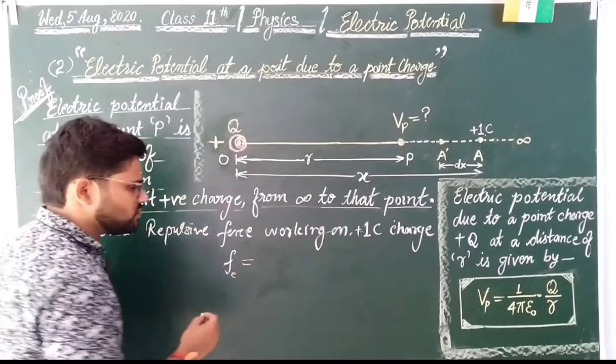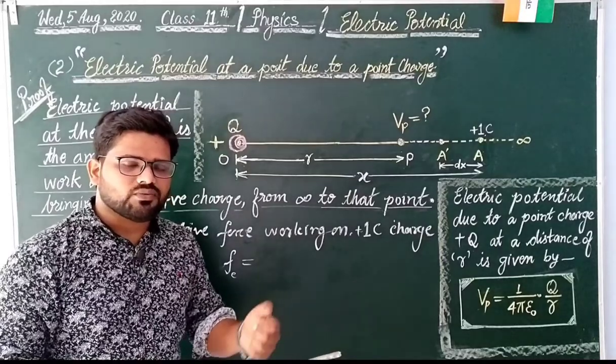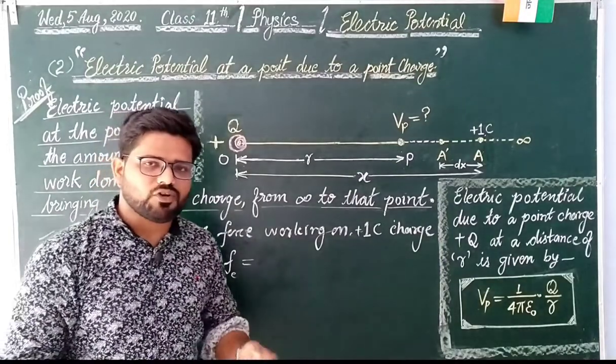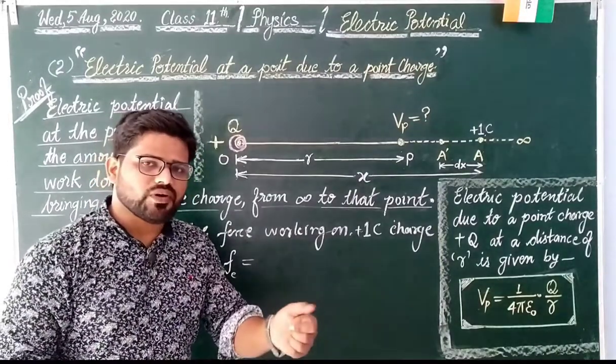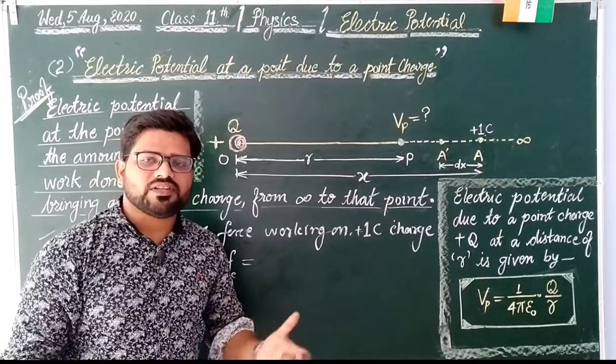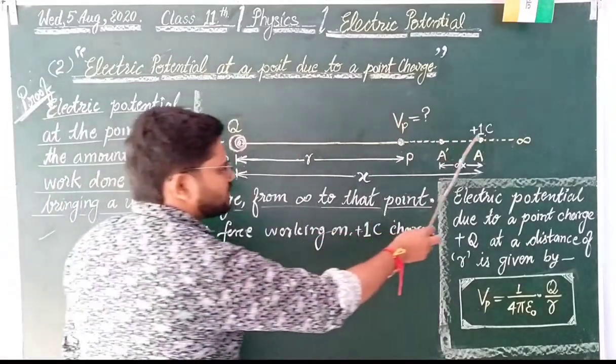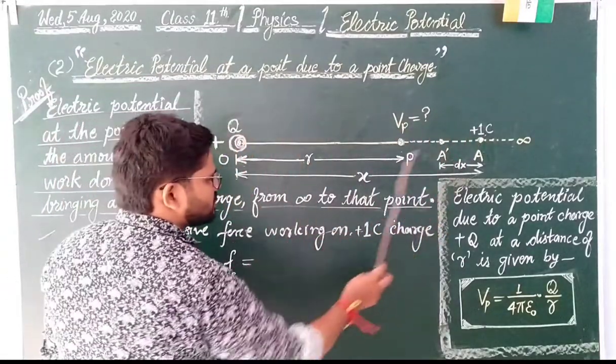F equals, you know the formula for the electric force, that is F equals 1 upon 4 pi epsilon naught into Q1 Q2 over r square, where r is the distance of separation between the point charges. Here the first point charge is plus Q and the other point charge is 1 coulomb. Distance between them is small x.